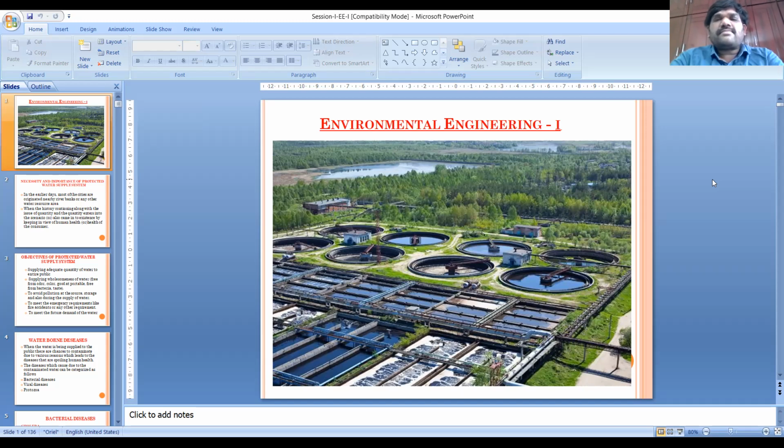Dear students, in the second unit we have seen the different parts, or different stages, included in water supply. That means we have seen the sources of surface water, sources of groundwater, and in groundwater the different sources like springs, wells, and infiltration galleries.